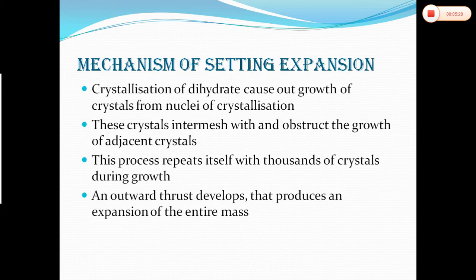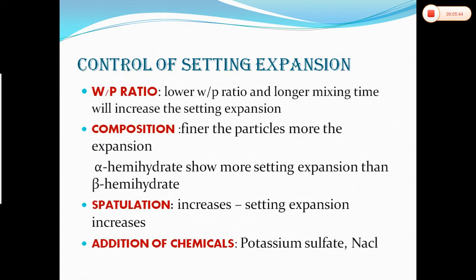As this obstruction takes place among thousands of crystals, the force generated is pushed outside. This outward push leads to expansion of the final gypsum material such as dental plaster, dental stone or die stone.